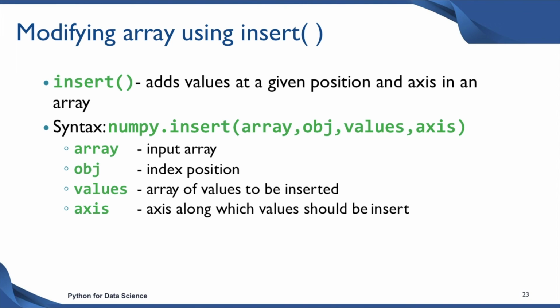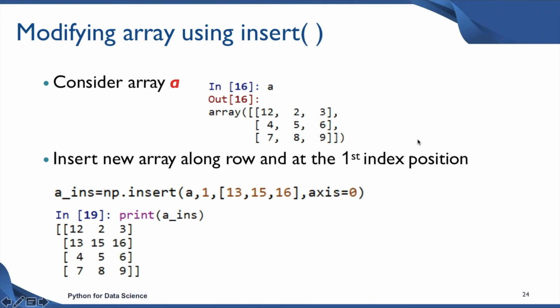So we have the array, we have the index position, and we have the values which are to be inserted across the axis, which value to be inserted, right. For example, we want to insert a new array along the row at the first index position. So that can be done by using your index position.